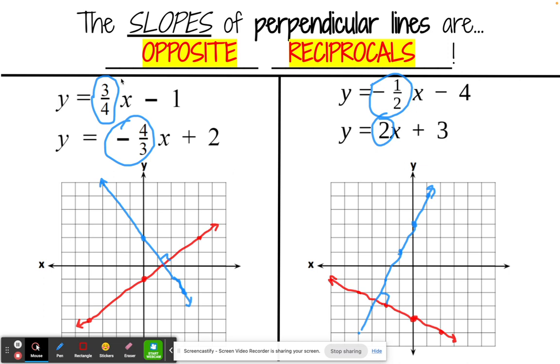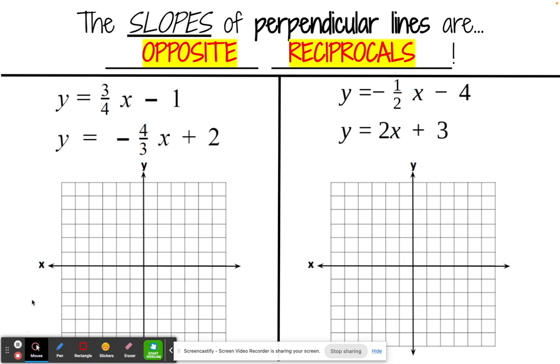What does that mean? The opposite of a positive is a negative. The opposite of a negative is a positive. So they are opposites. They're also reciprocals. If I flip 3/4 upside down, I get 4/3. If I flip 1/2 upside down, I get 2. So to get perpendicular lines, you use slopes that are opposite reciprocals.